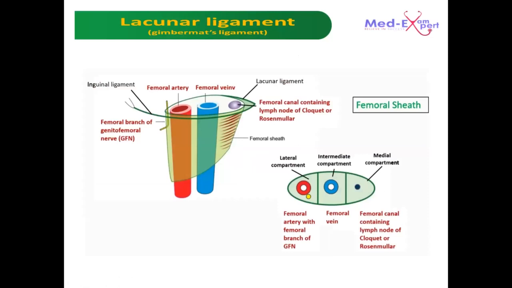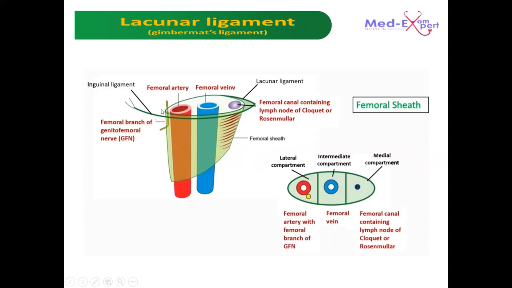Okay, what do you know about the lacunar ligament? In this picture, this is again the anterior superior iliac spine, and imagine that this is the pubic tubercle. This is the inguinal ligament extending from the anterior superior iliac spine down to the pubic tubercle.